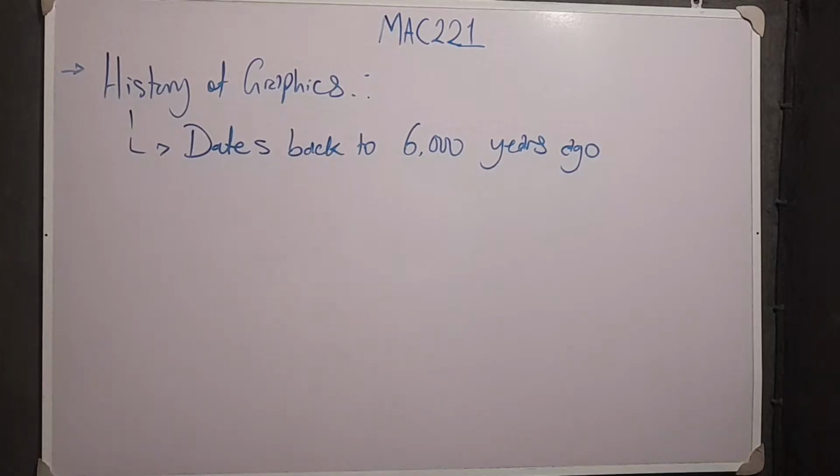Now, these graphics that date back to about 6,000 years ago are engraved stones, what we know as engraved stone tablets and ceramic cylinder seals. This is what graphics looked like about 6,000 years ago.